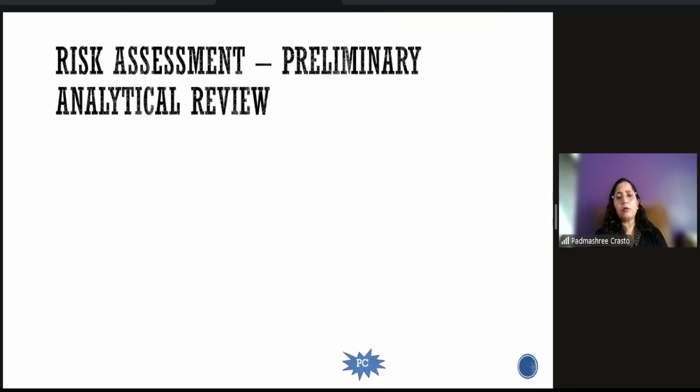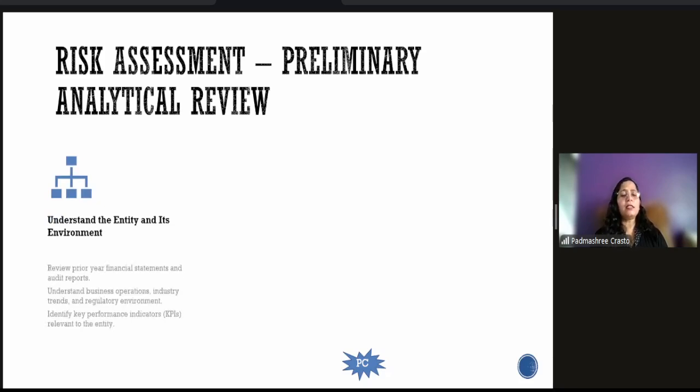First, let us look at risk assessment, which is a preliminary analytical review. So we start our audit with risk assessment. Risk assessment is guided by SA 315. SA 315 also gives reference to SA 520, which talks about preliminary analytical review. So when we are talking about preliminary analytical review, what are the activities that we are doing?